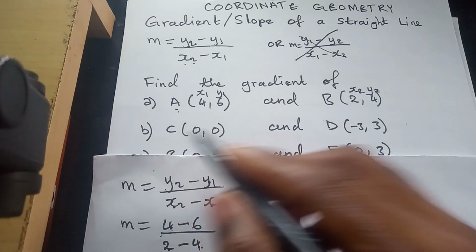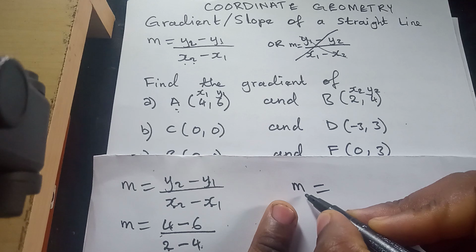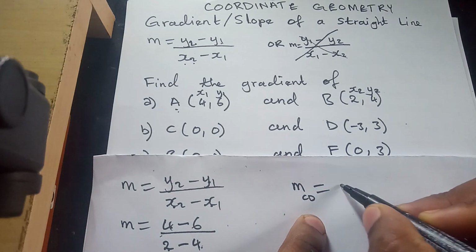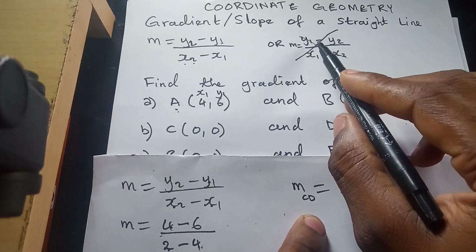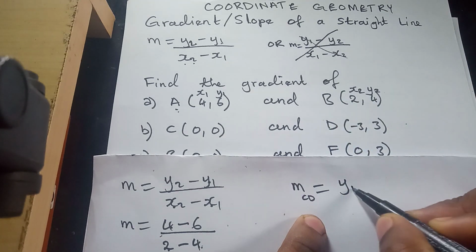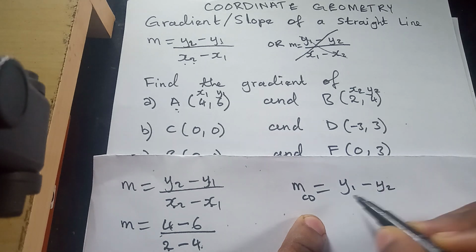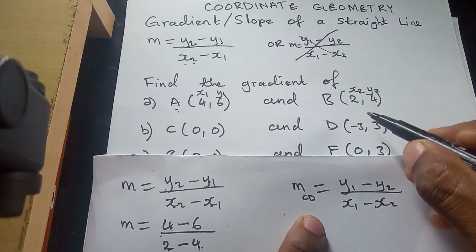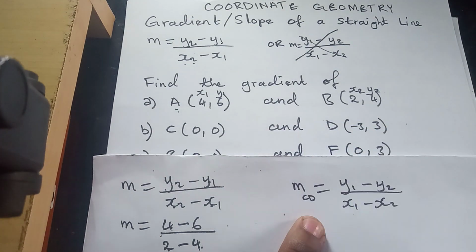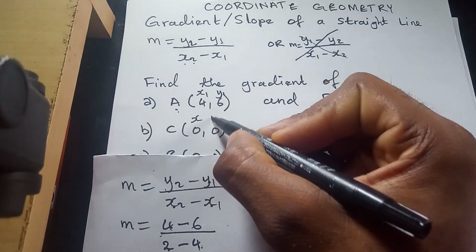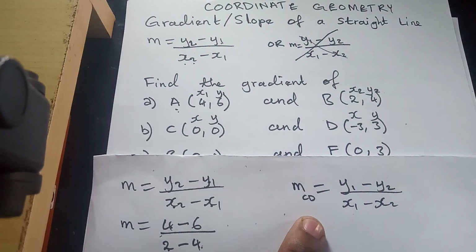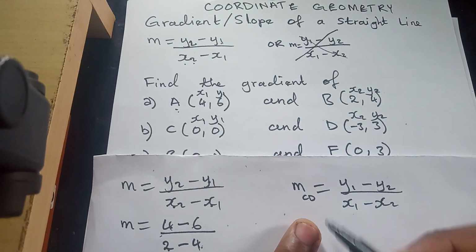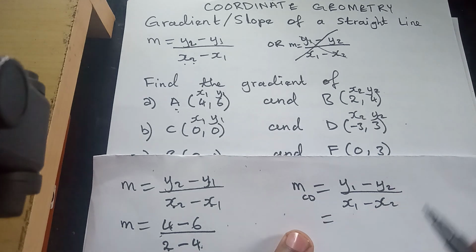So the gradient between C and D, sometimes denoted as gradient CD, this is small letter m, is given by, let's try to use this one, y1 minus y2 over x1 minus x2. And then let's name these points x, y, and let's name these ones 1's, and then these ones will be our 2's. By the way, this is CD.